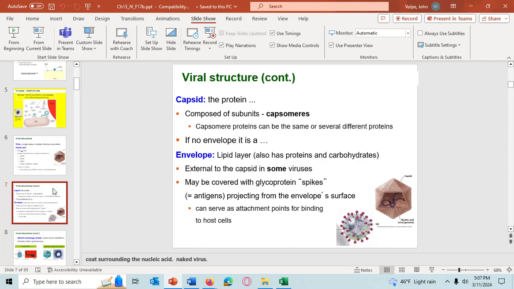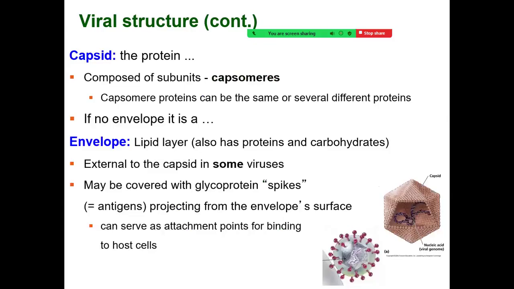It does have some proteins and carbohydrates in it, but it's mostly phospholipid. This will be external to the capsid, surrounding the capsid. You can kind of see it if I blow that up. There's the genome, there's the capsid, and there is the envelope.